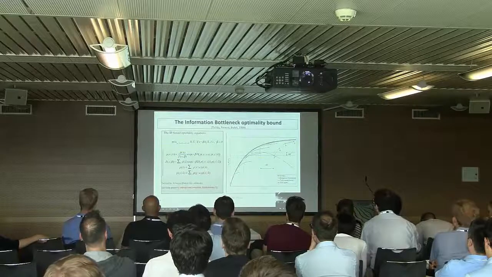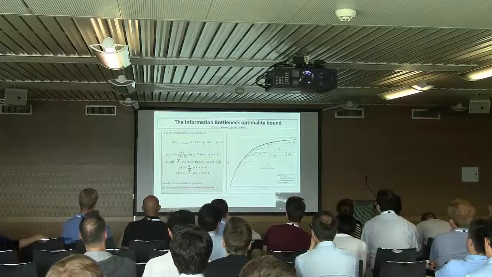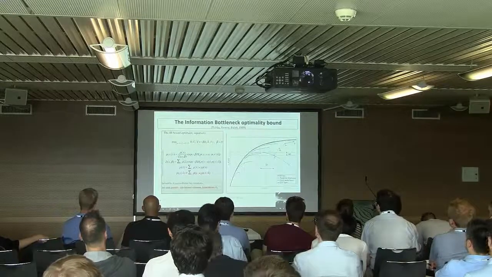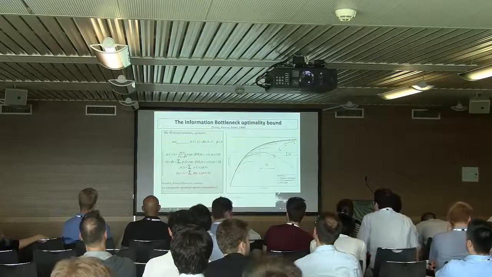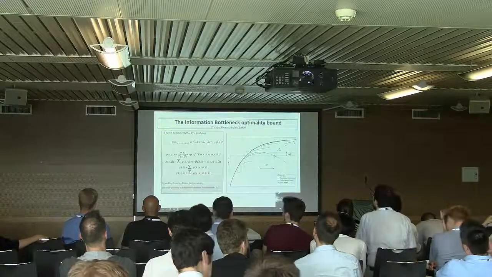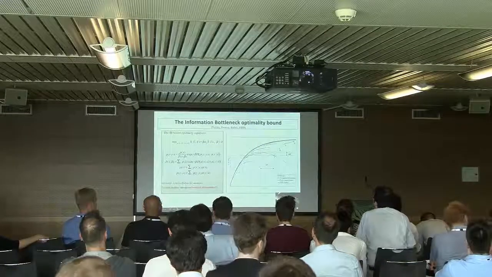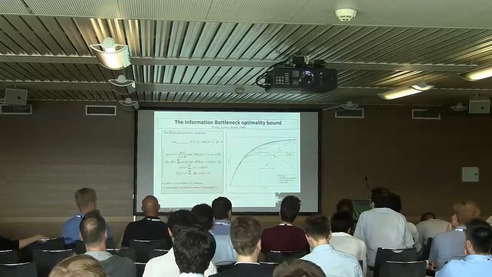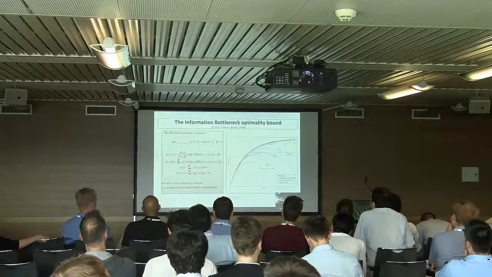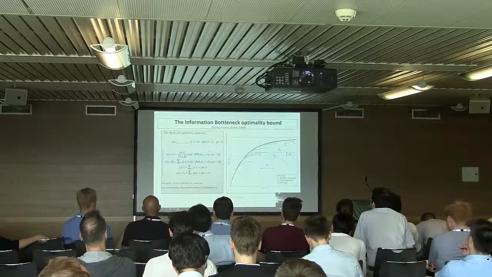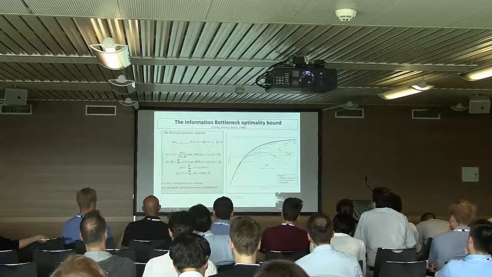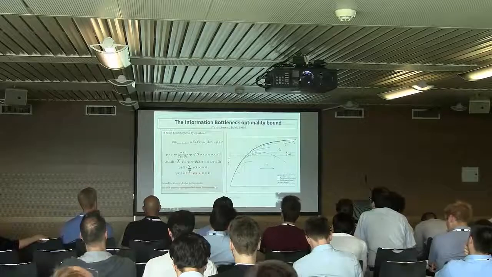There are very good reasons to consider this particular variational problem, and we call it the information bottleneck bound, but it's very related to the notion of minimal sufficient statistics. Essentially, this is trying to find the simplest possible representation of X. And as I showed you before, if I manage to compress, I also manage to save data. So there's a direct relationship between the compression of the representation and how many data points I have.